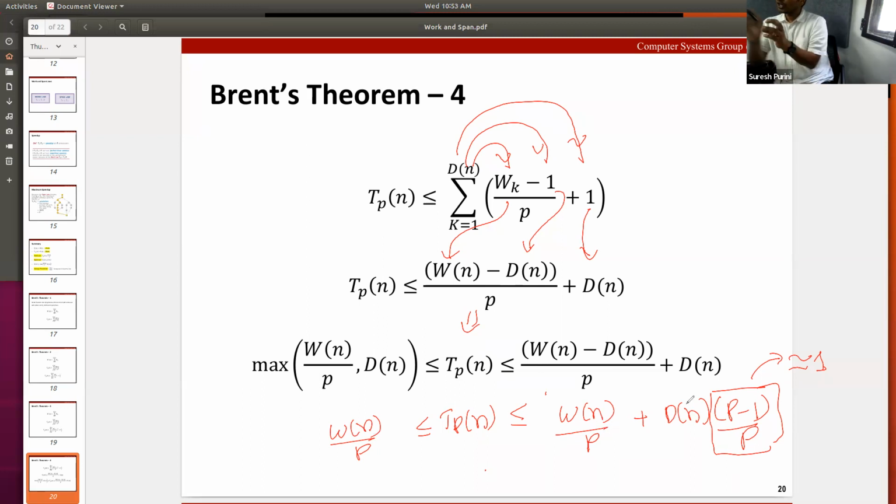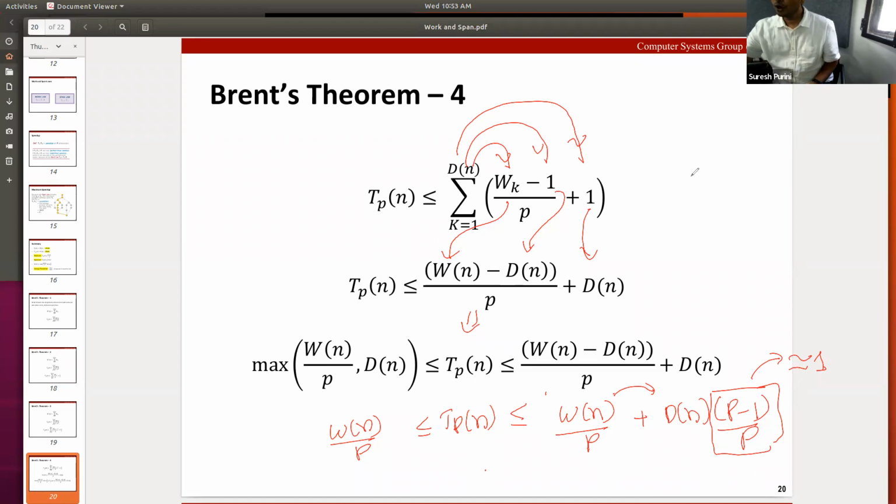That means if you stretch by a span in time, definitely you will be able to do all the computation. This is the best that you can do. But it's not just that we will be able to finish the execution within this time. This is what is called Brent's theorem.